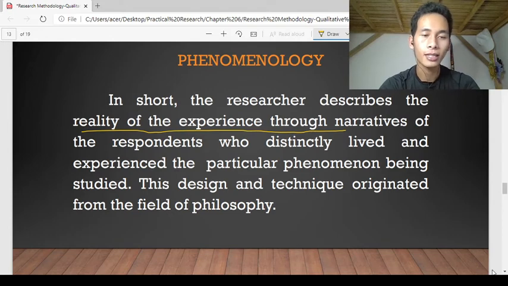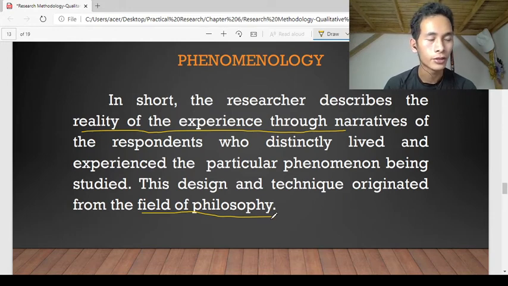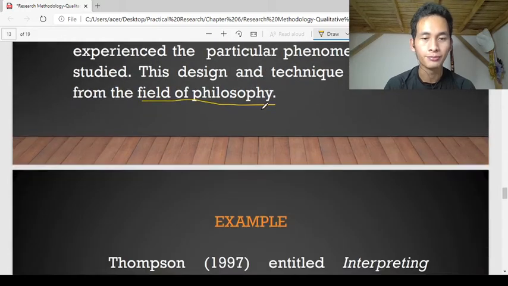This design and technique originated from the field of philosophy, as mentioned earlier. It's a method of philosophizing, understanding the truth of a particular thing, understanding certain phenomena, appearances, through evaluating one's experiences and one's consciousness about the phenomenon being studied.